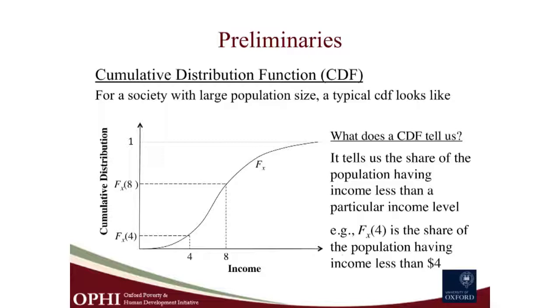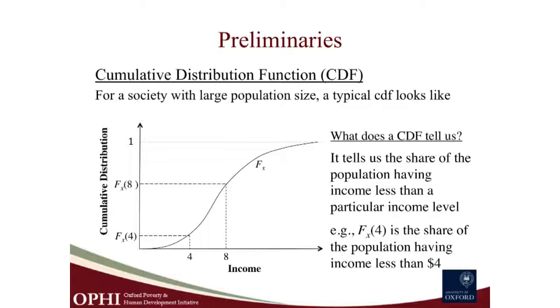So what does a CDF tell us? What is the intuition behind the cumulative distribution function? It tells us the share of the population having income less than a particular level of income, which means Fx(4), which is given here, is the share of the population having income less than $4.